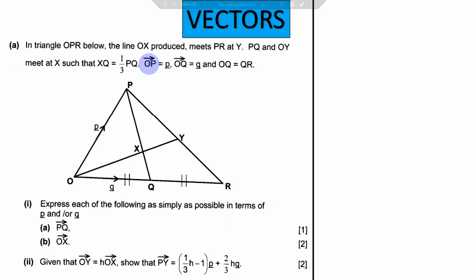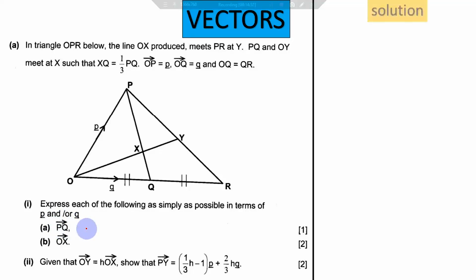Vector OP is equal to P, vector OQ is equal to Q, and OQ is equal to QR. It's indicated here. Express each of the following as simply as possible in terms of P and Q.